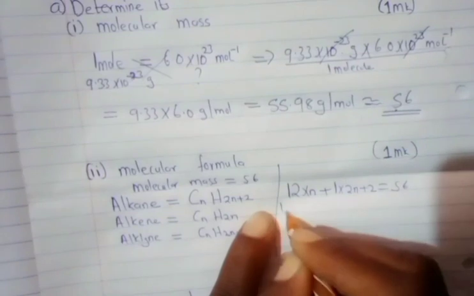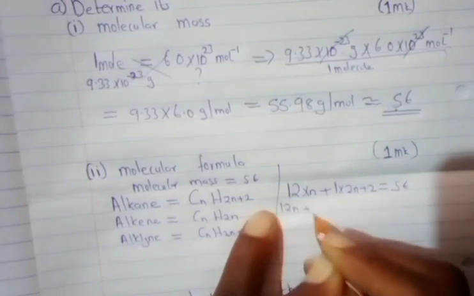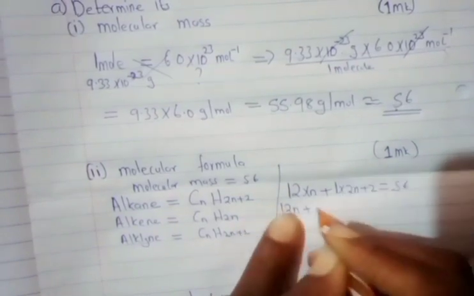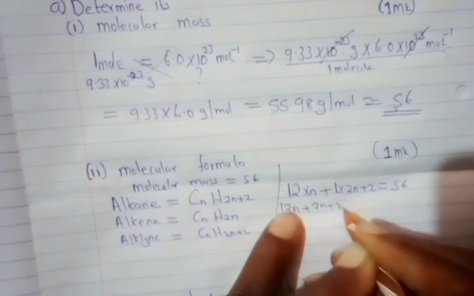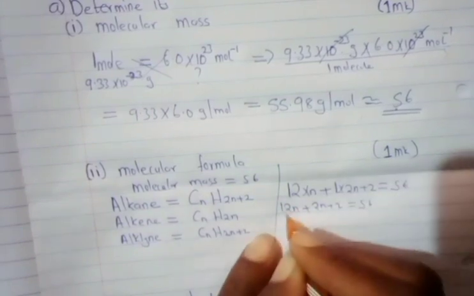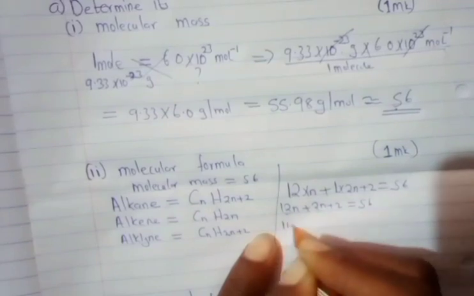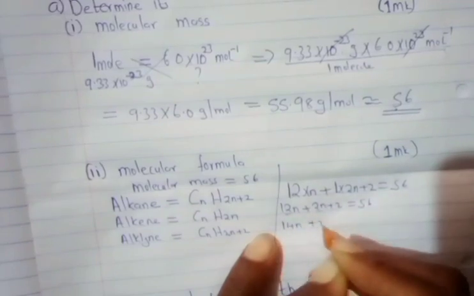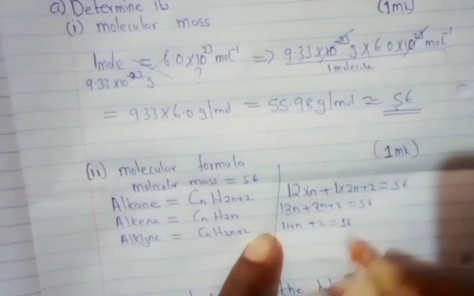We will get 12n plus 2n plus 2 is equal to 56. When you add 12n plus 2n, that is 14n plus 2 is equal to 56.